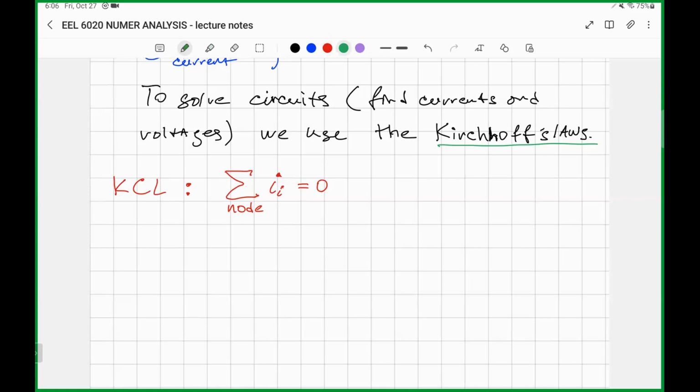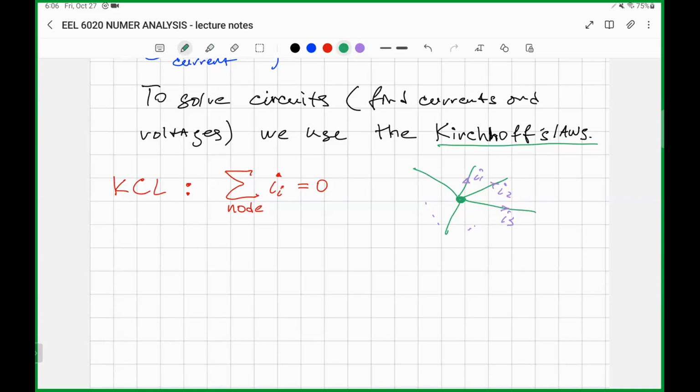For example, I have a node with several wires, currents. This could be current 1, this could be current 2, this can be current 3, etc. And the sum of all of these currents is equal to 0. And so this current Kirchhoff's law is simply a manifestation of the charge conservation law, right?